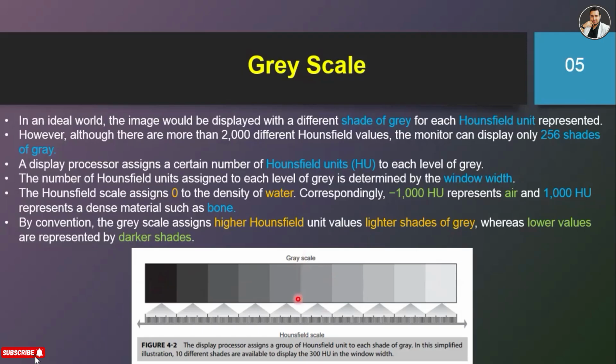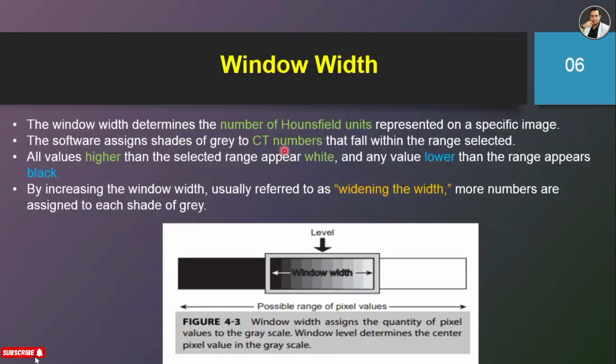The window width determines the number of Hounsfield units given in the specific image. So, in a picture, the window width is the range of the Hounsfield units.